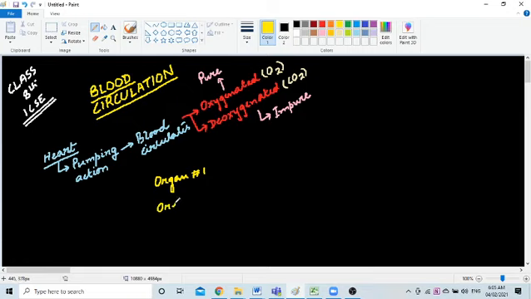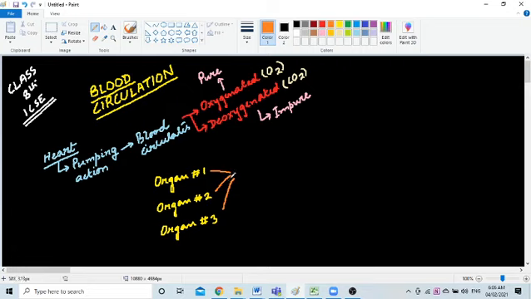Similarly, we have organ 2, organ 3, and so on.